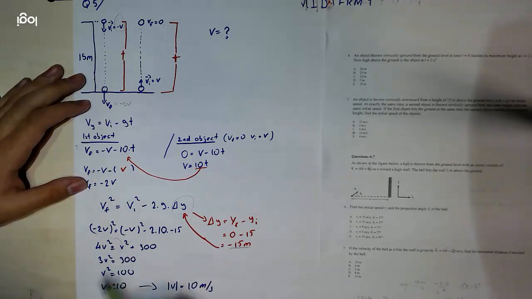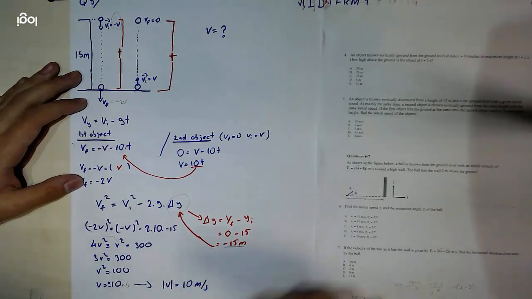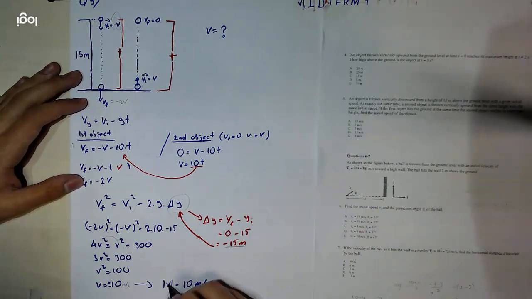So you can do the equation. It means 3V squared equals 200. So V squared is 100. So it means V equals plus or minus 10 meters per second. It wants the magnitude of this, so you can take the absolute value. So V equals 10 meters per second.